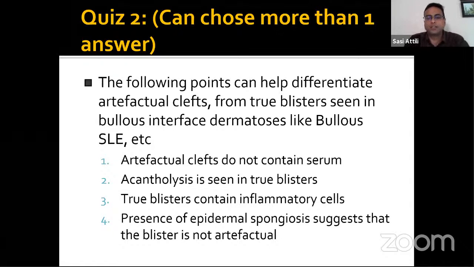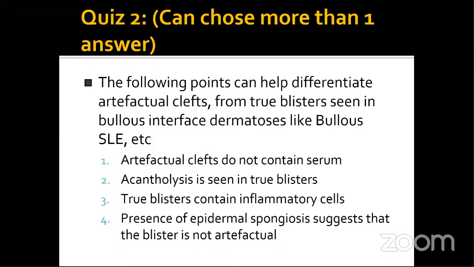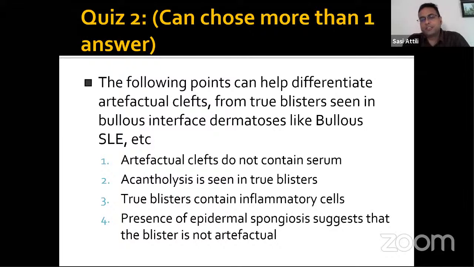Anybody with the right answers, Dr. Venkat? Actually, 1, 3, 4, they have answered, sir. 4, yes. Epidermal spongiosis does not necessarily suggest that the blister is not artifactual, because epidermal spongiosis can be there even in inflammatory conditions, for example, in lichen planus, when there's a lot of excoriation and scratching, they can have reactive spongiosis. So that does not necessarily mean that the blister is a true blister.